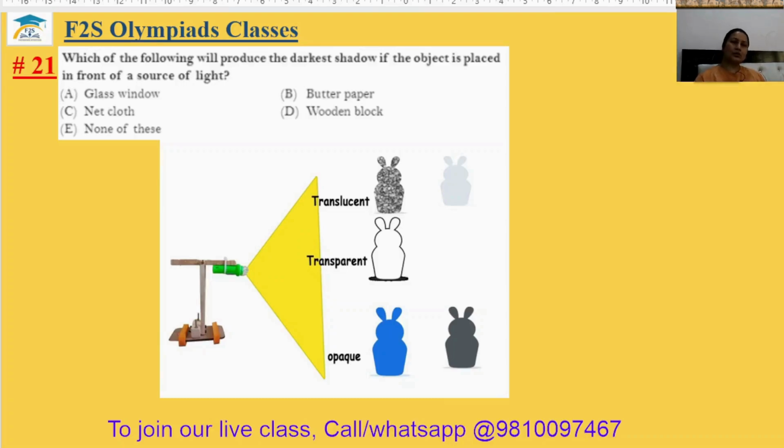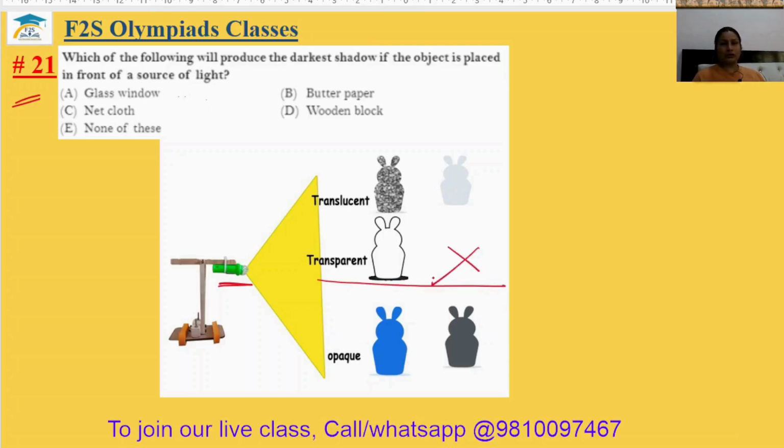Grade 6 Silver Zone Comprehensive Book, Chapter 8, Light, Shadow, and Reflection. Video Part 2. Question 21. Which of the following will produce the darker shadow if the object is placed in front of a source of light? You can see this is the source of light. Glass window. Glass window is transparent. The transparent object cannot form a shadow.